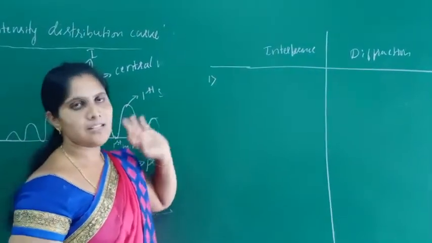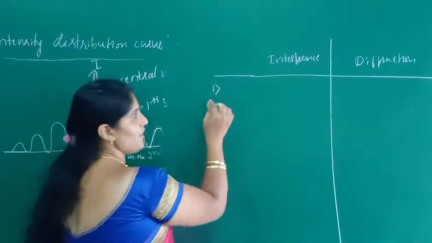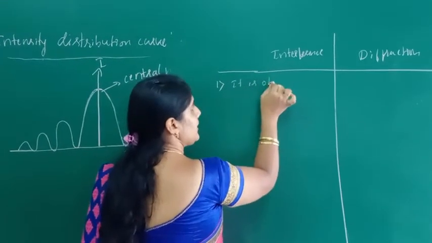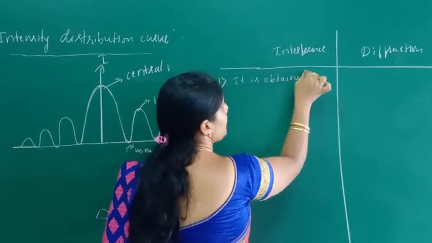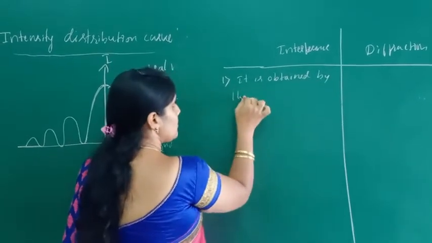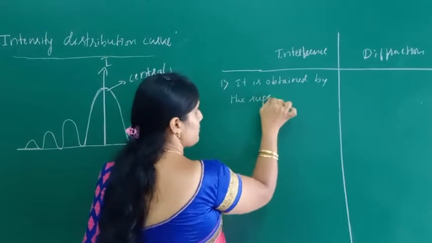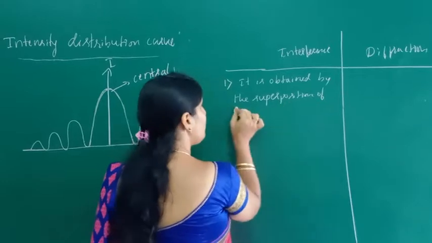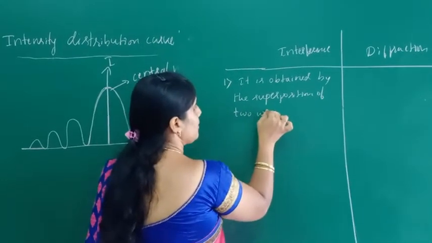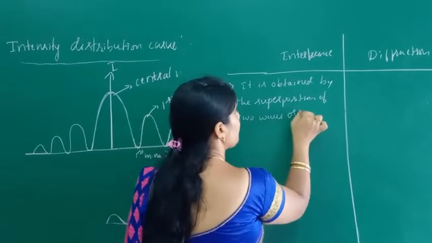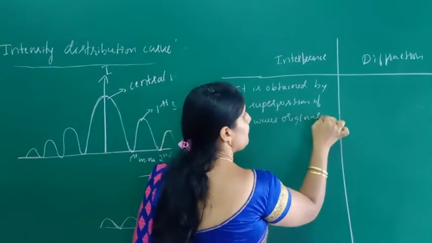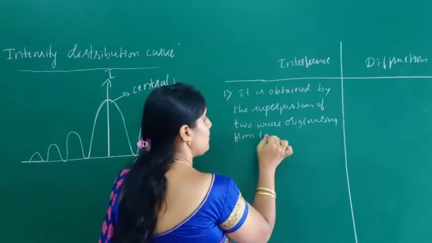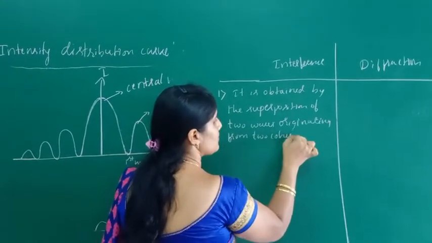Now we shall look at the first difference. What is interference? Interference is obtained by the superposition of two waves originating from two coherent sources.